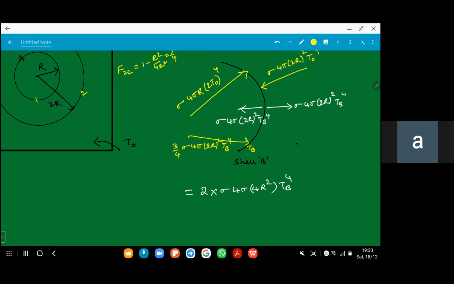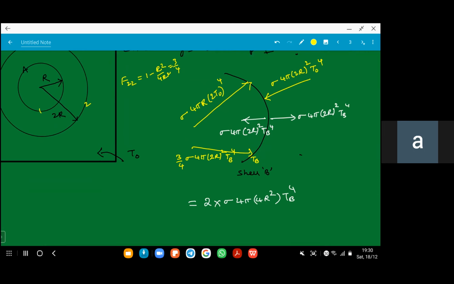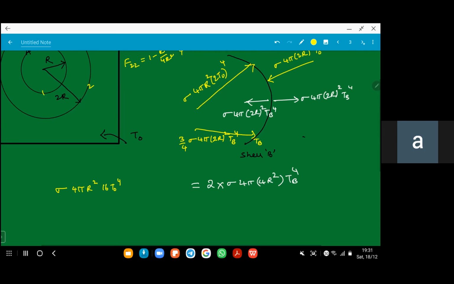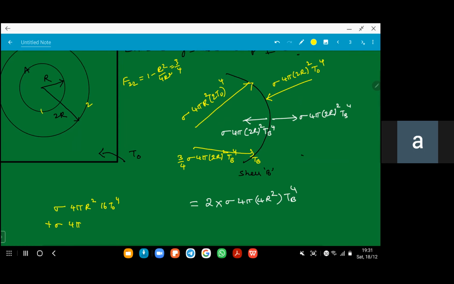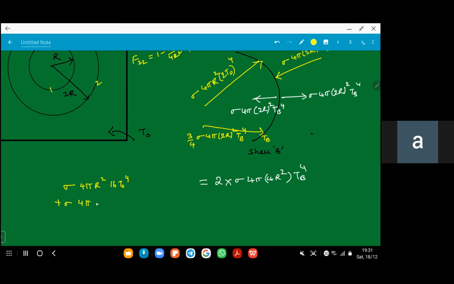I'll conclude here: sigma 4 pi, don't forget here it is 4 pi R square, 16 T naught power 4, plus sigma 4 pi, here you see 4R square again, 4 T naught power 4, plus this one.